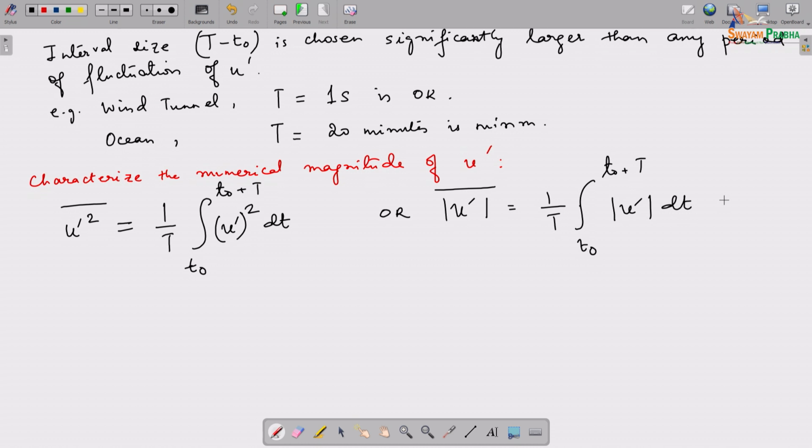Or we just take the absolute values and sum them up, right. Practically, the u dash square is measured easily and is relevant mathematically, since it is directly related to the standard deviation and probability density distribution of u dash.